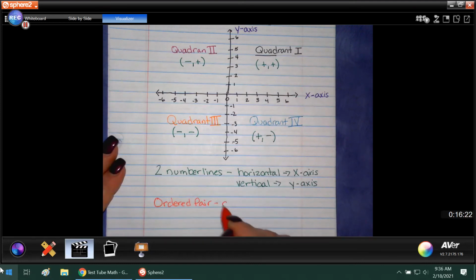It's also called a coordinate pair, or coordinates.